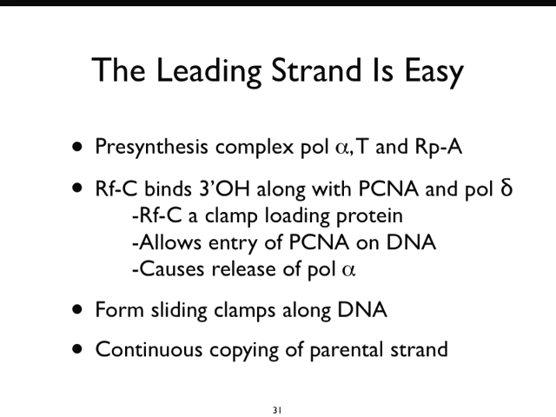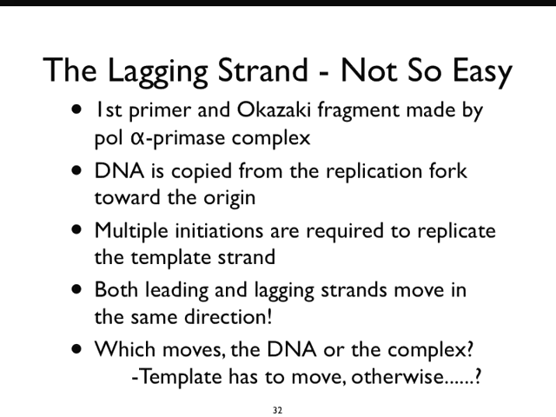It actually allows access of PCNA and polymerase delta. And polymerase delta is the guy that's responsible for extending the DNA chains. So once PCNA is on DNA, it releases polymerase alpha, and polymerase delta can do its business. RFC and PCNA form sliding clamps along the DNA, and then you get continuous copying of the parental strand. Don't worry, I'm going to show you what that is.